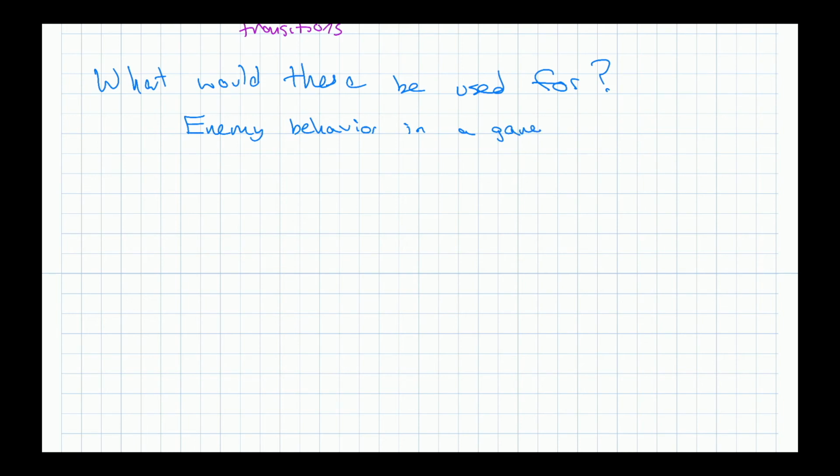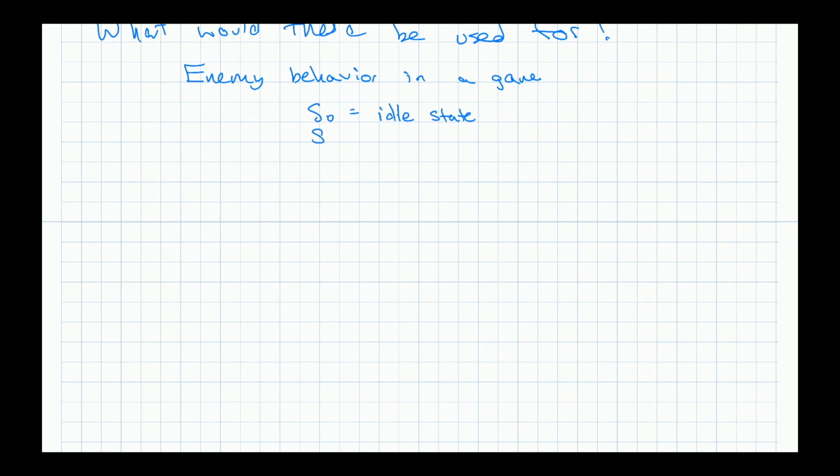How would that work? Well, your states could be like S0 could be an idle state where you just have an enemy standing there. And then S1 maybe could be an attacking state where the enemy is actively attacking you, like shooting.